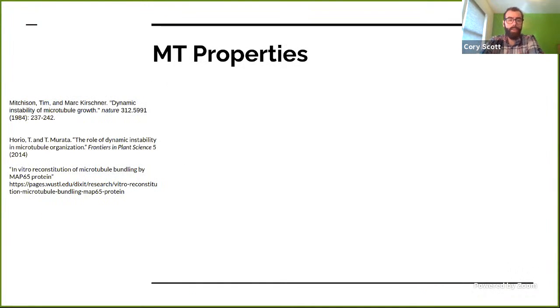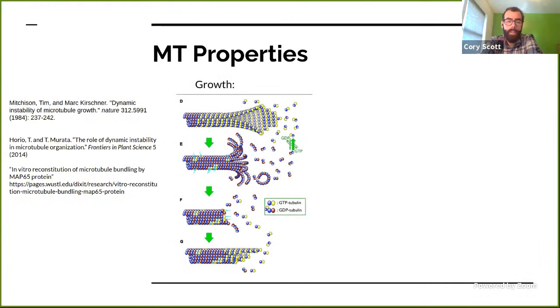Like I said, microtubules have some very interesting properties, one of which is that they grow. Once a microtubule starts to form, it tends to associate free-floating tubulin that's in its environment to lengthen itself. Those free-floating tubulin dimers kind of click into place in the lattice of the microtubule.